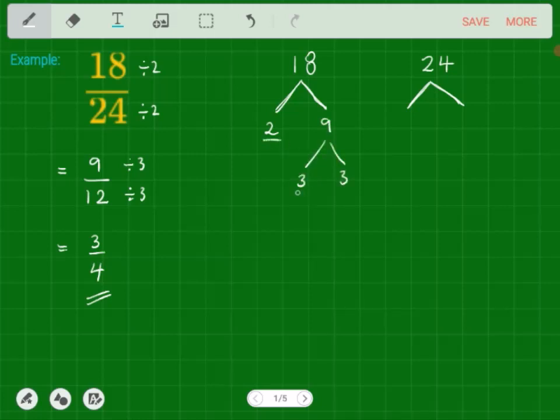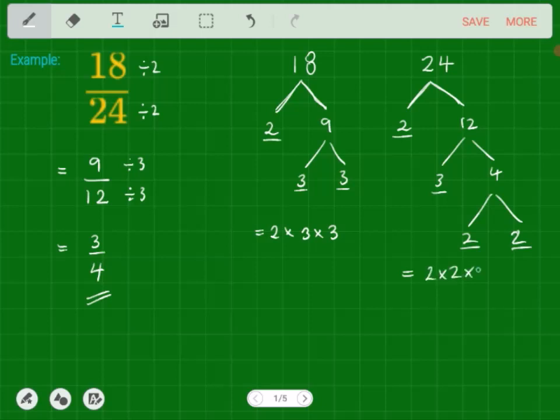We underline the prime numbers. So a product of primes would be 2 times 3 times 3 for 18. For 24, we've got 2, 12, 3, 4, 2 and 2. And the product of primes here would be 2 times 2 times 2 times 3.